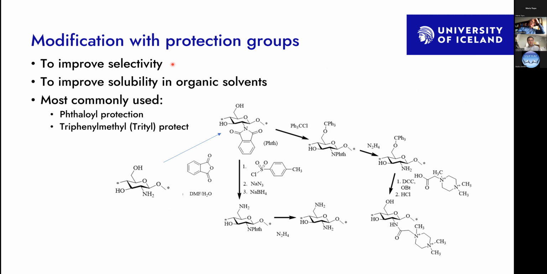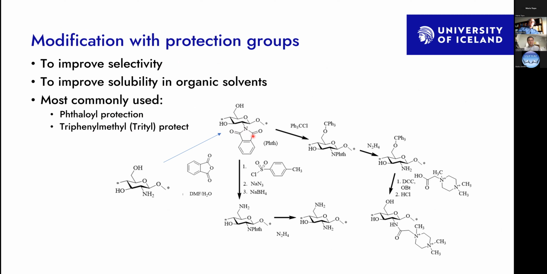So therefore, what we have often preferred is to use protection groups, like in normal organic chemistry. There are 2 purposes behind this: to improve selectivity and also to improve solubility in organic solvent. The most commonly used are phthalimide or trityl protection.